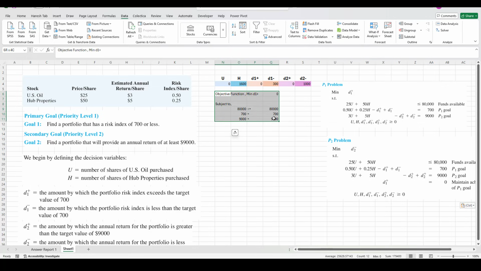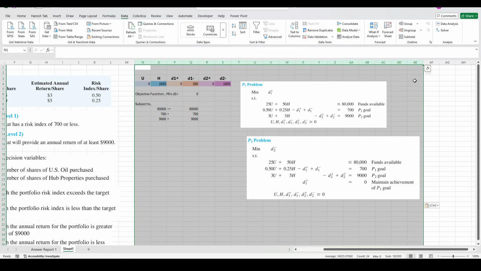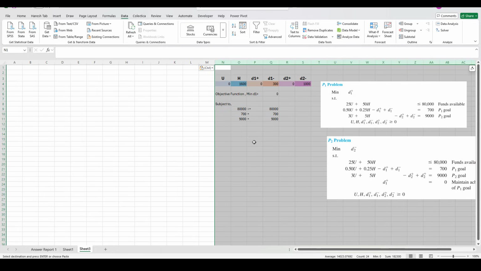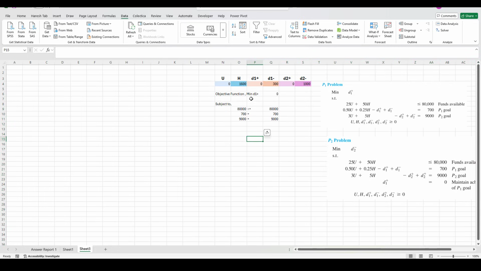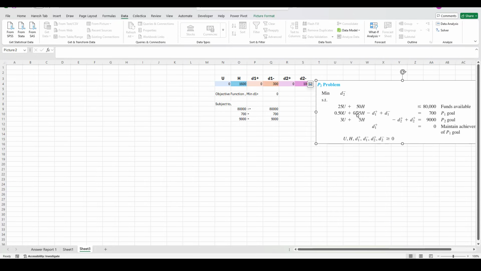In fact, what I'll do, I'll just copy these entire cells on my next page. See, copy from N. Okay, so this is now what I'm going to solve for P2. So this is my P2 problem.